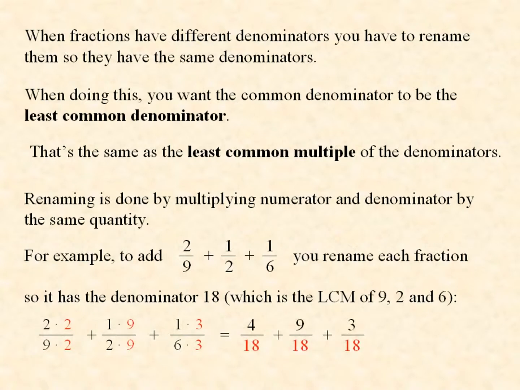So we have 4/18 plus 9/18 plus 3/18, which adds to 16/18. That can be reduced because 16 and 18 can be divided by 2, and that's equal to 8/9.